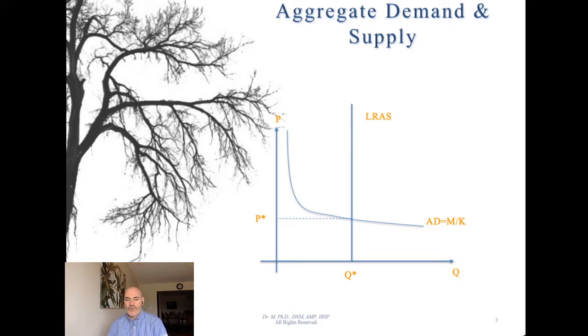Now, the output in the long run, gross domestic product, is determined by tastes, preferences, technology, and population. Those are the factors that drive the output in the long run. And the price level depends upon the money supply and money demanded, which we have already covered previously.